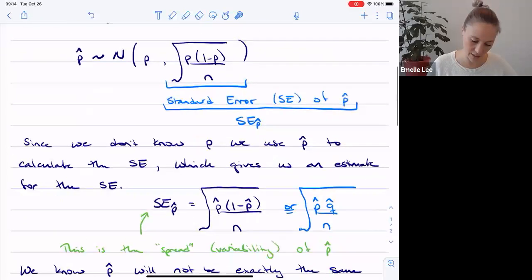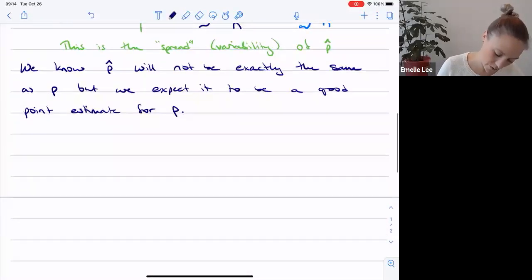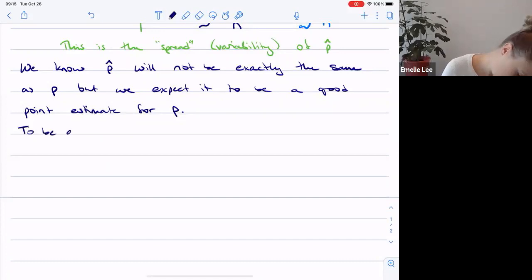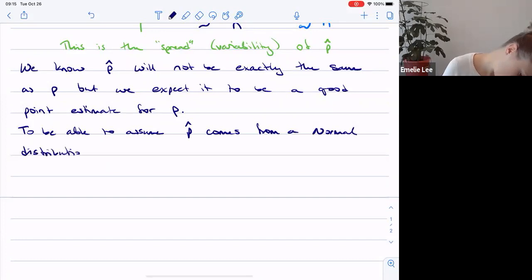Okay, so what were those conditions? To be able to assume p hat comes from a normal distribution, we need to check conditions.